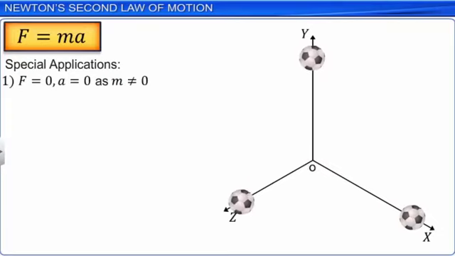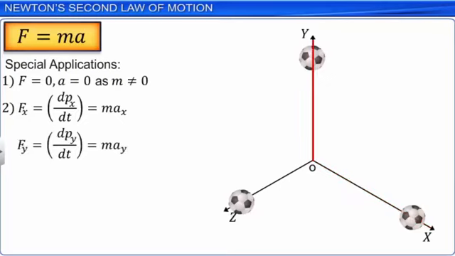Fx is equal to dpx by dt, which is equal to max. Fy is equal to dpy by dt, which is equal to may. Fz is equal to dpz by dt, which is equal to maz. F here stands for external force acting on the body.